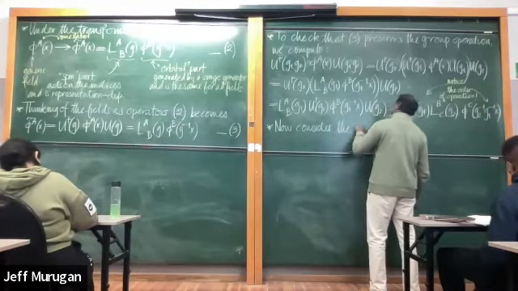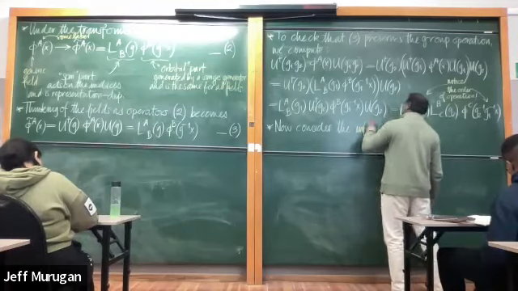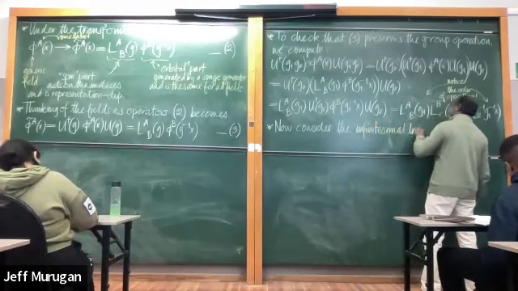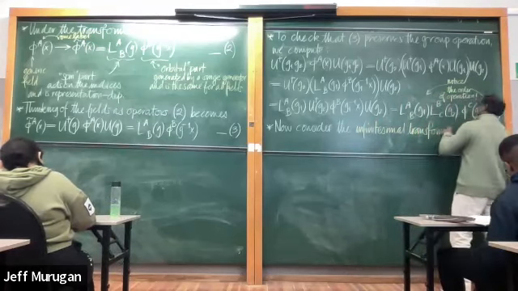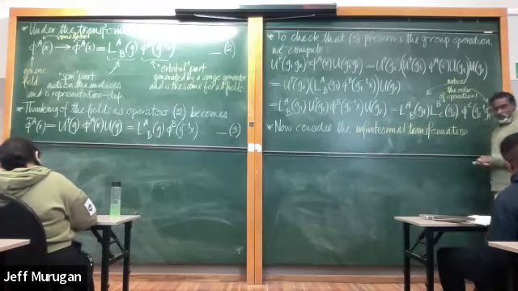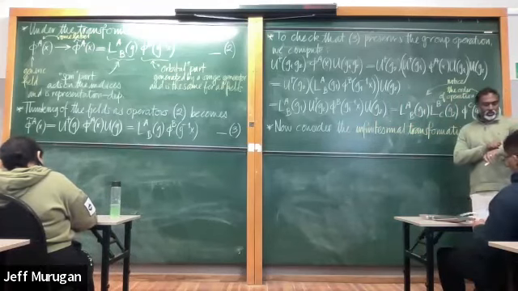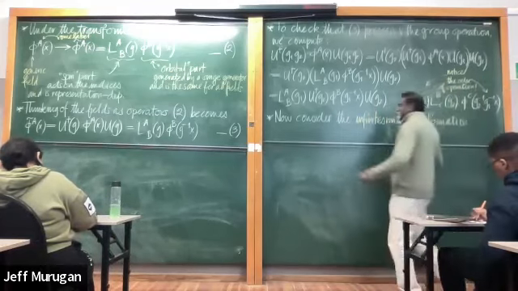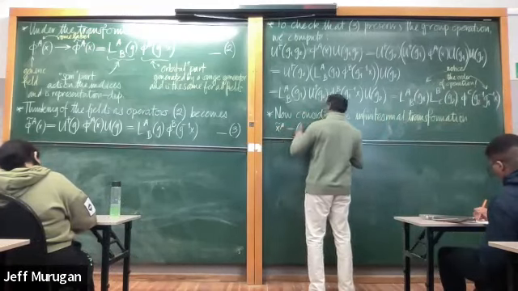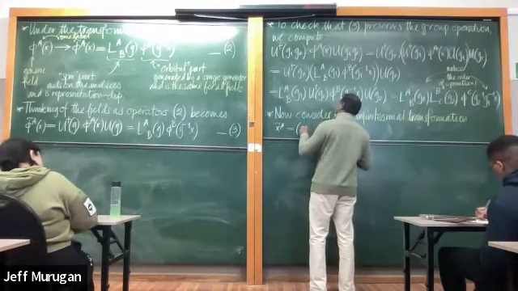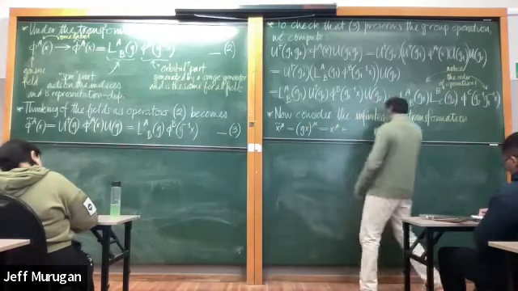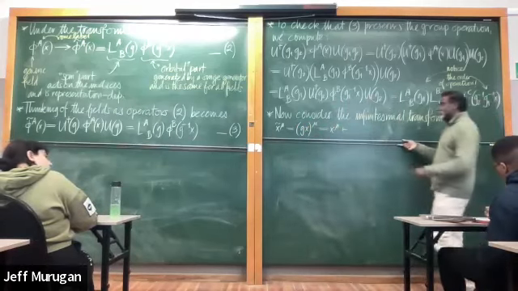Let's consider the infinitesimal transformation, under which x mu tilde, which we were saying was p x mu, can be written as x mu plus some psi mu.